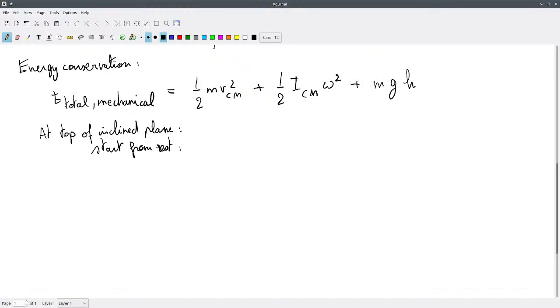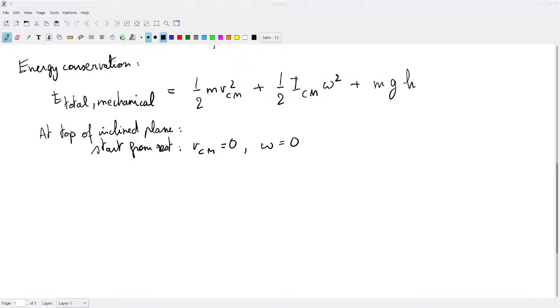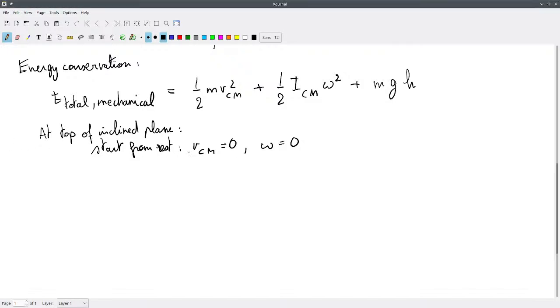So if we start from rest, this will mean that the center of mass velocity is 0, and the initial angular velocity is equal to 0. So that means that at the top of an inclined plane, the total energy will be equal to just potential energy, mg times h.